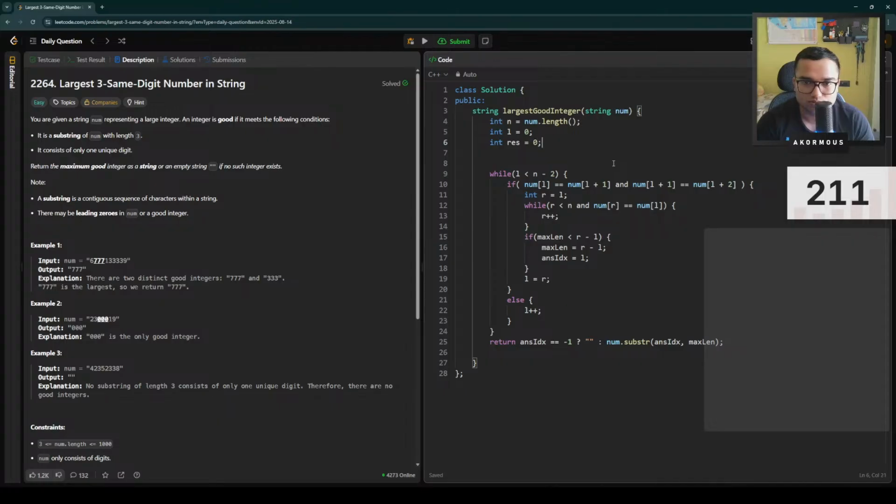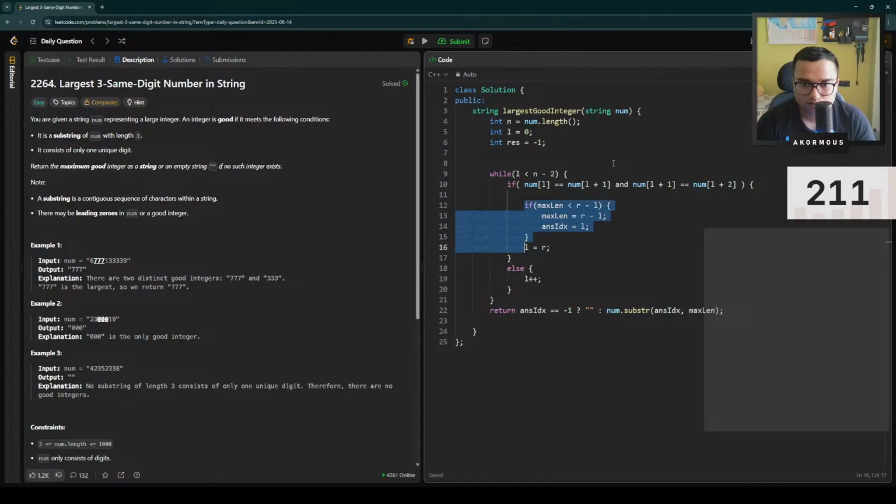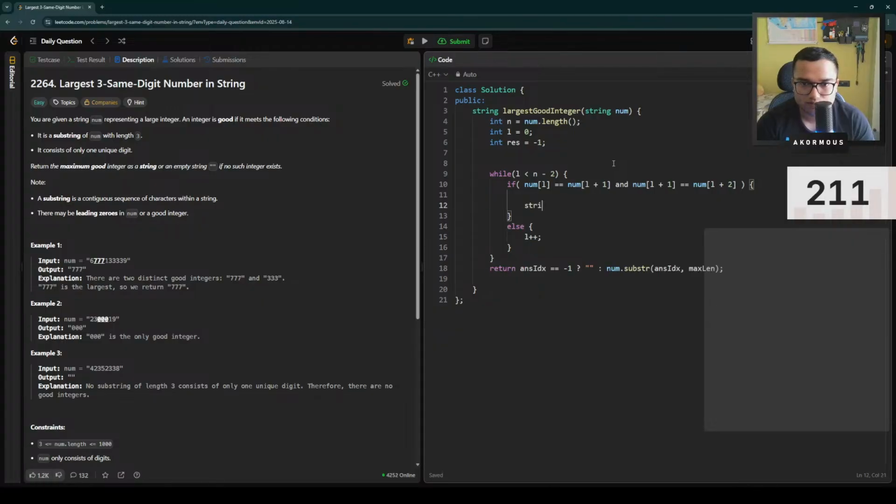Result equals 0. Let's call it -1. So simply this condition is checked, right? We don't need to move r. Then I can simply say string current equals num dot substr starting from L with size 3. Now I have to cast this string to integer.